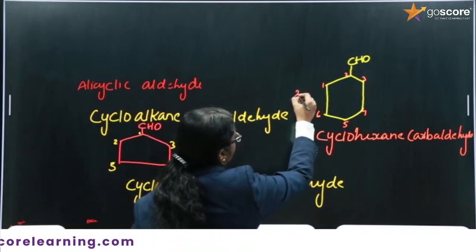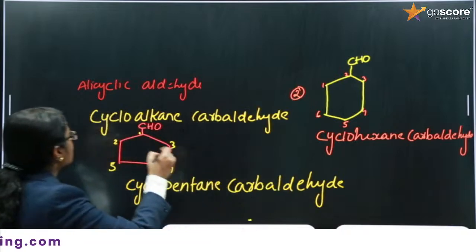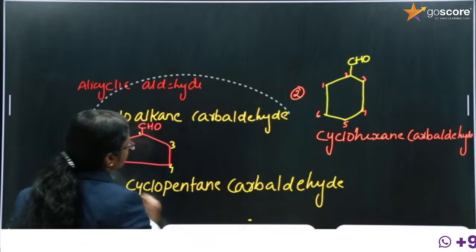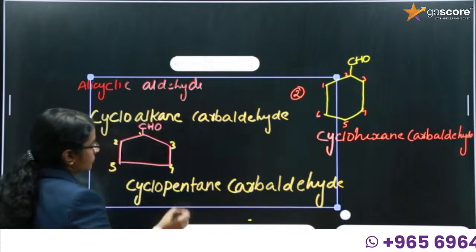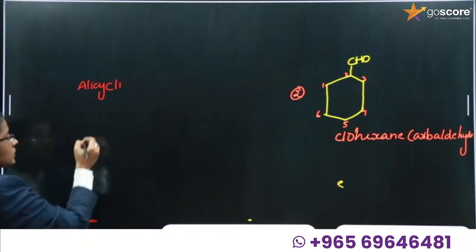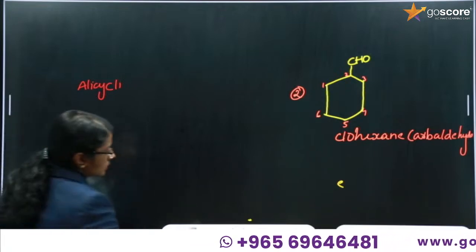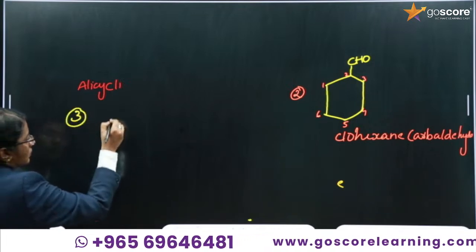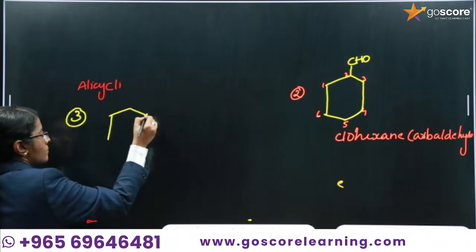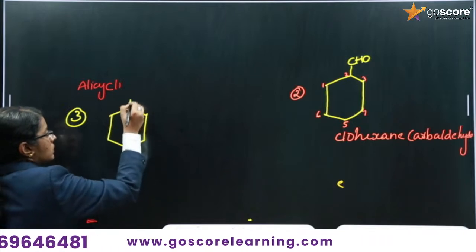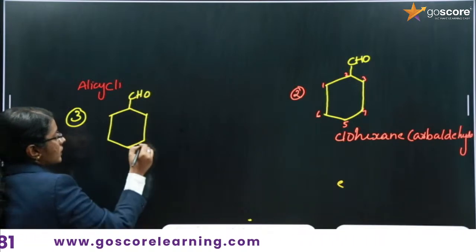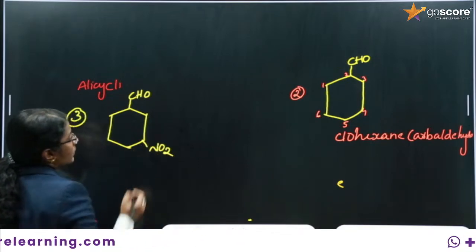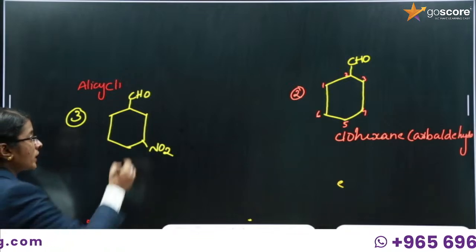This is the second example, and the third example is: if an NO2 group is attached to the ring, what will be the IUPAC name?